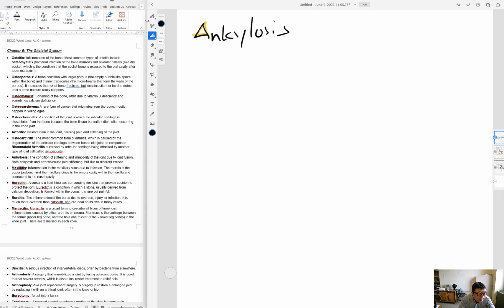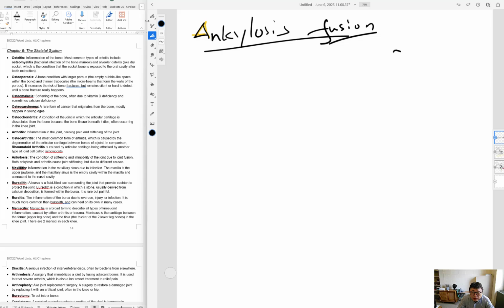There's also stiffening and lack of motility of the joints, but this is caused by the fusion of the joints. Why can there be fusion of the joints? In many cases, it's because the cartilage tissue can become bone tissue, and the cartilage may just fuse to each other. So ankylosis is a fusion of the joints.